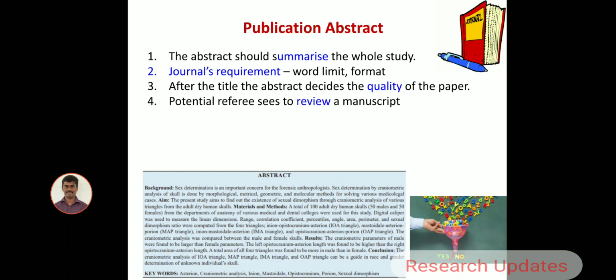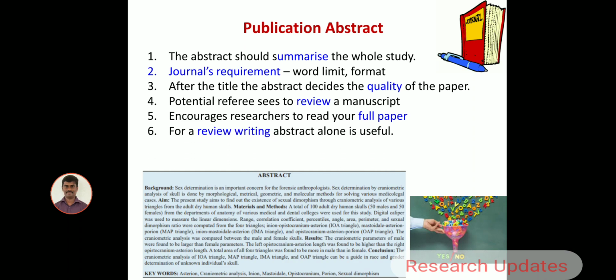The potential referees see it to review a manuscript, and your publication abstract talks about your research to the referees. It encourages the researchers to read your full paper. So you have to design your abstract in such a way that it attracts the readers to read your full paper.